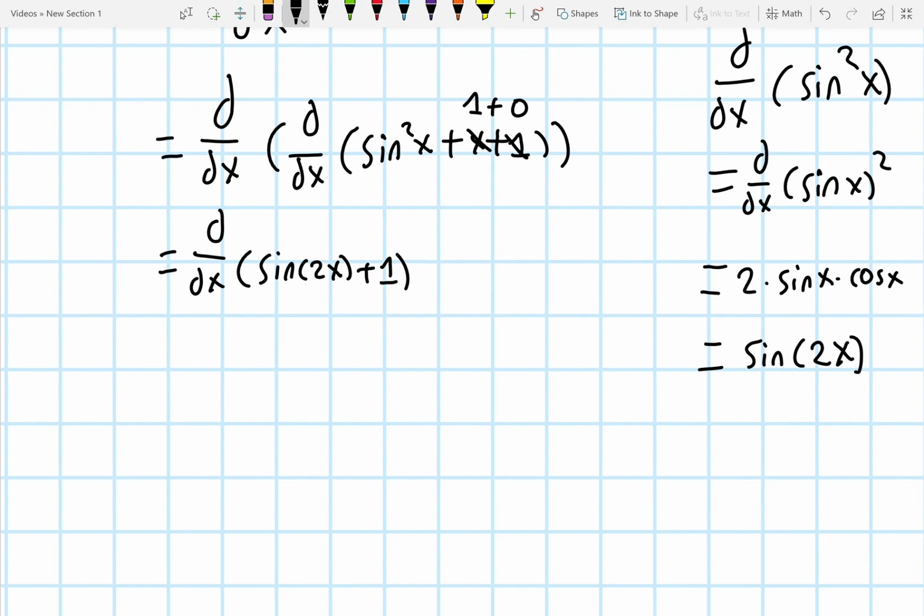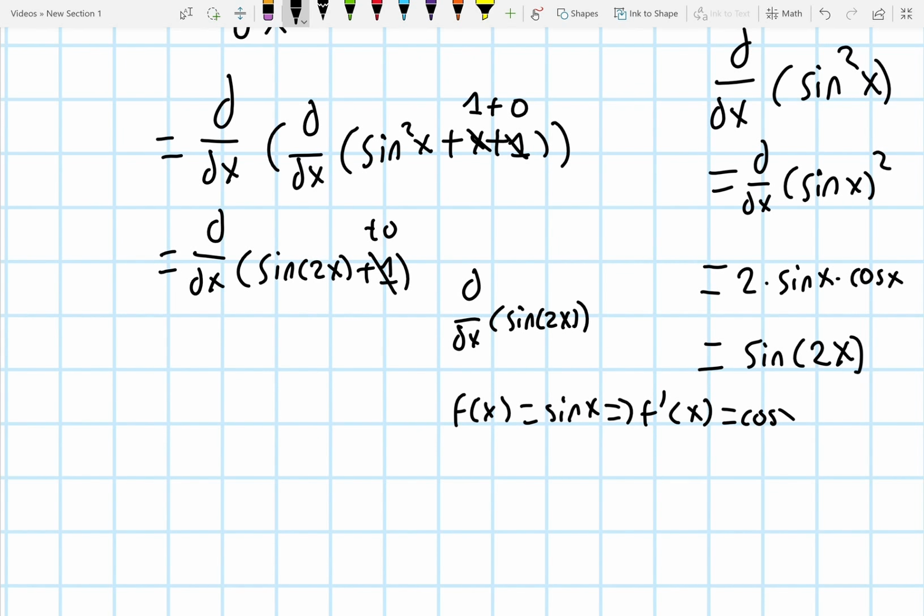So now we want to find the derivative of sine of 2x and all that plus 1. So the derivative of a constant 1, as we saw earlier, is going to be 0, so we ignore that. Now what's the derivative of the sine of 2x? We'll write that again separately, just to emphasize it. This is another chain rule problem, this time where our outer function is going to be sine of x, and f prime, as we saw earlier, will be the cosine of x, and our inner function will be 2x, and our derivative, g prime of x, will be 2.